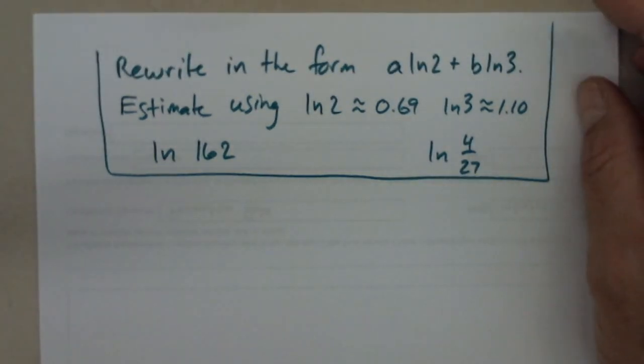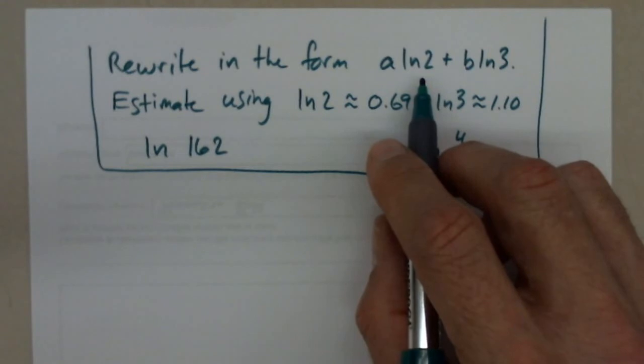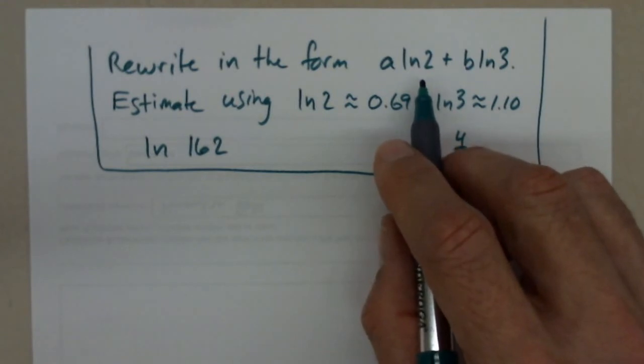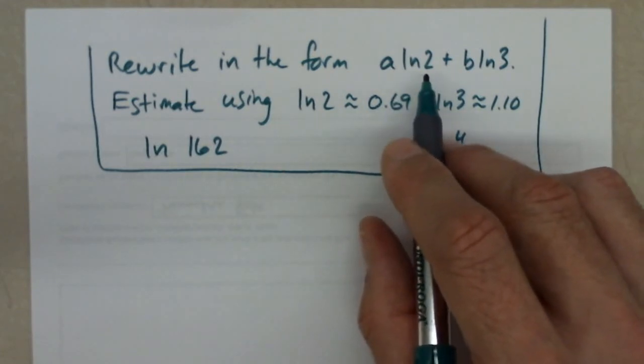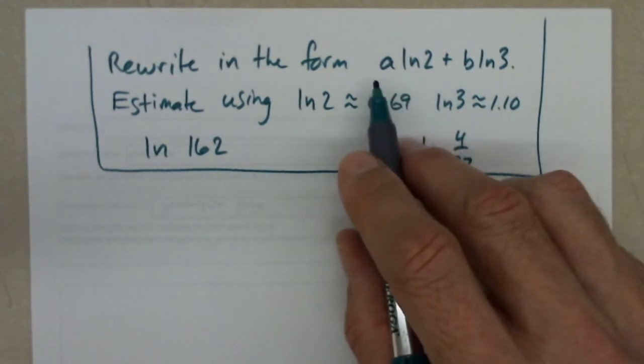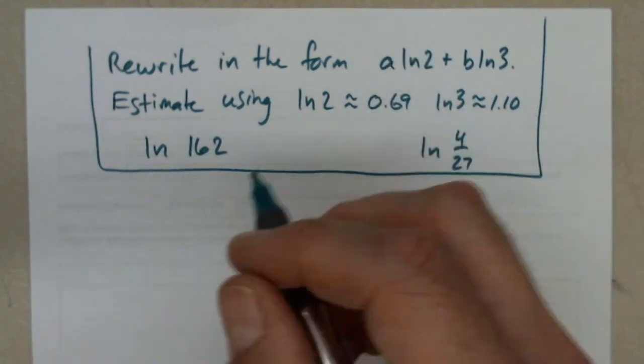So here's another type of question where they ask you to get in terms of a certain logarithm. We have a natural log of 162. We need to write it with a natural log of 2. We need to get a power of 2, and then we can put the power out in front.